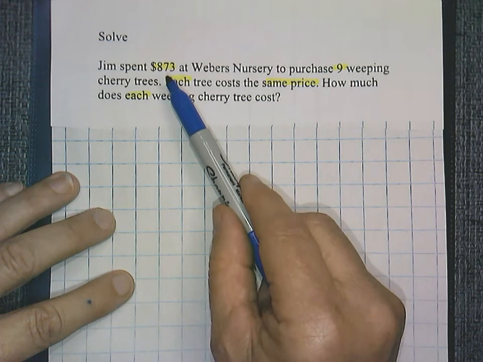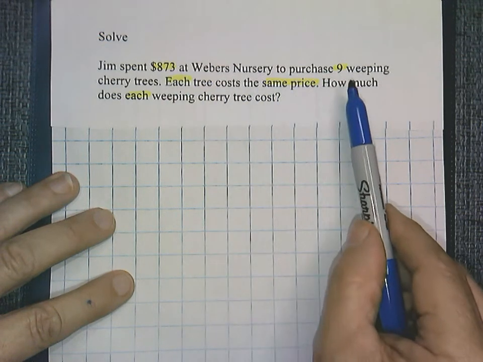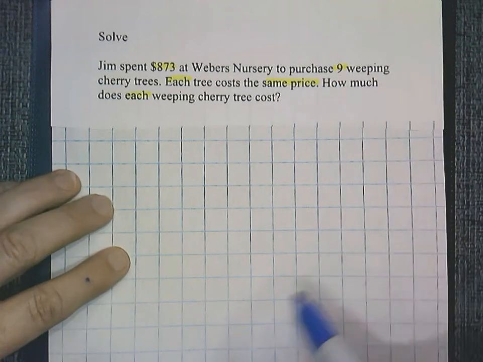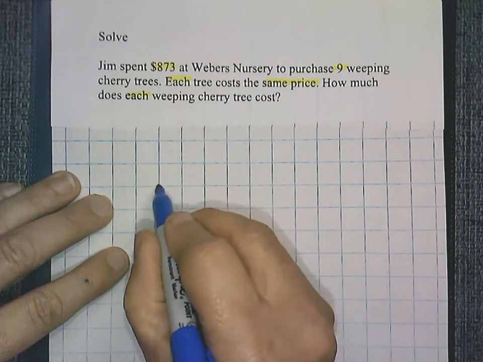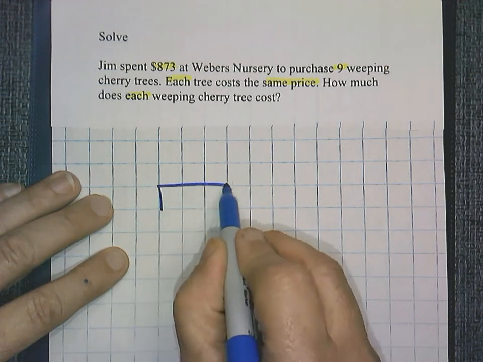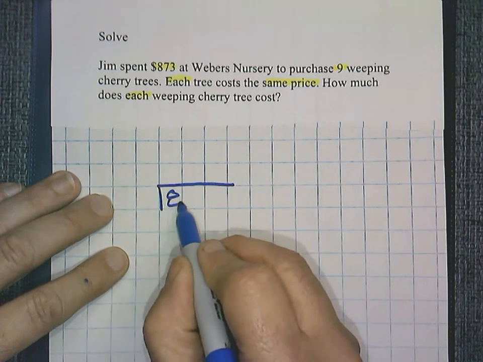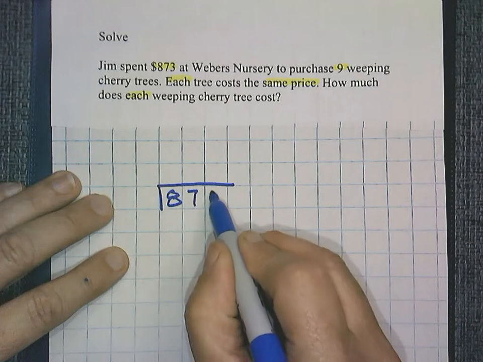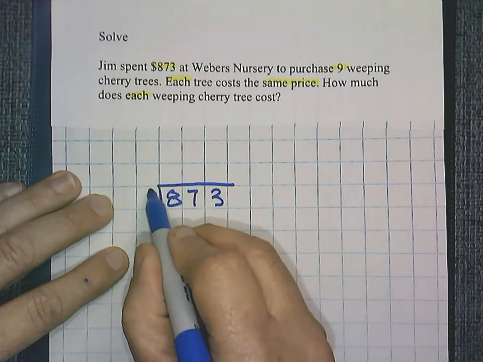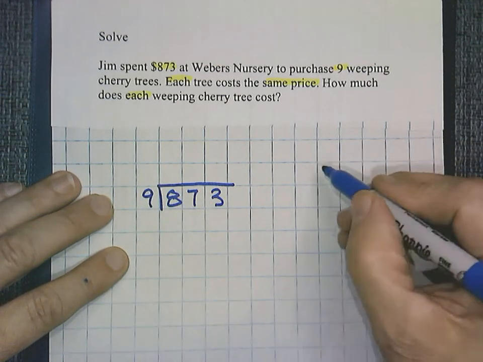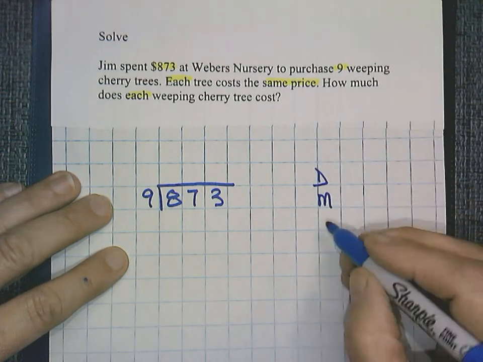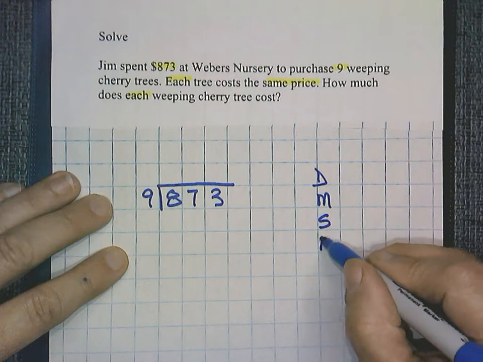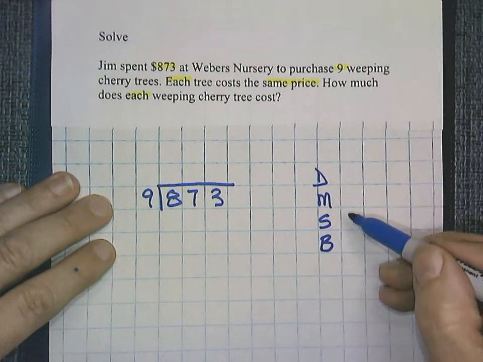So this problem is 873 divided by 9. We want to remember our 4-step strategy of divide, multiply, subtract, and bring down.